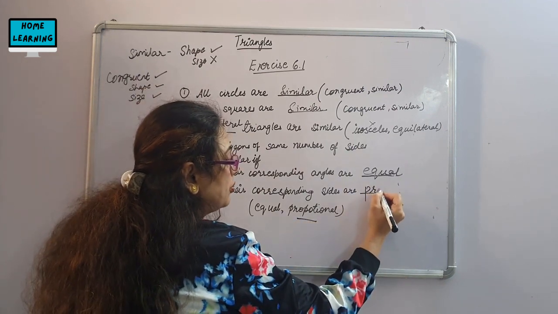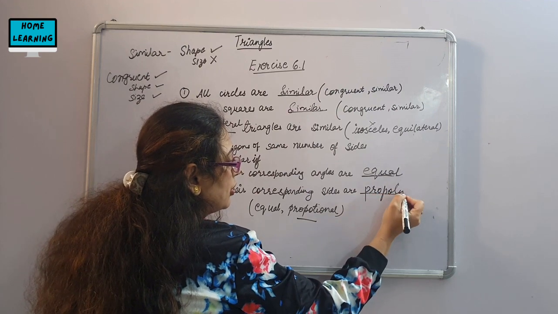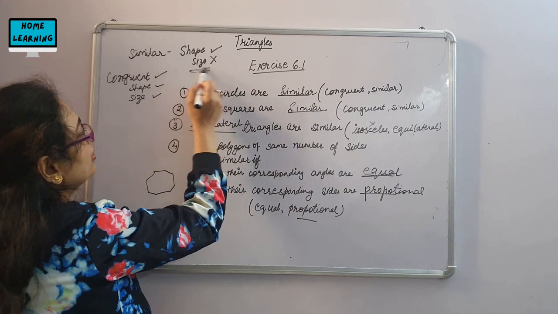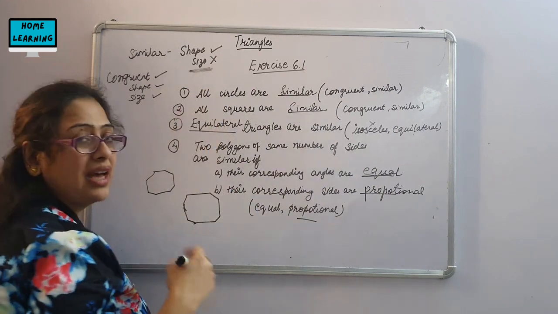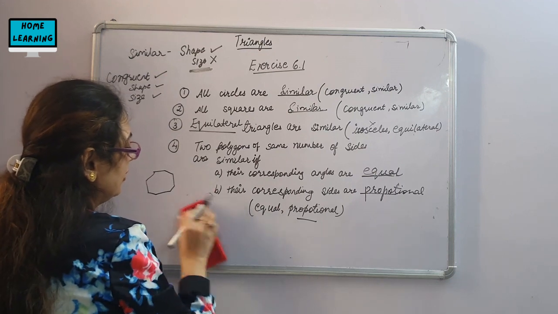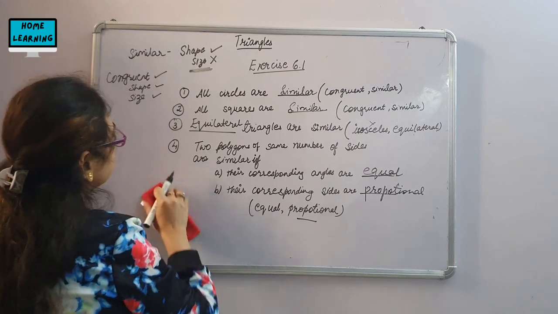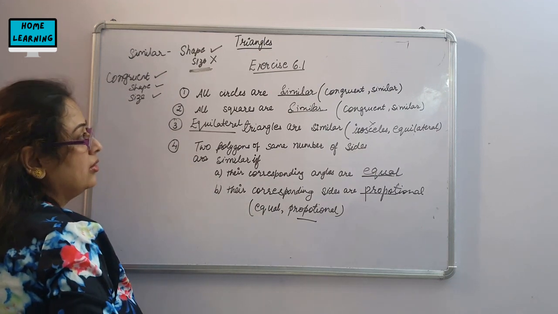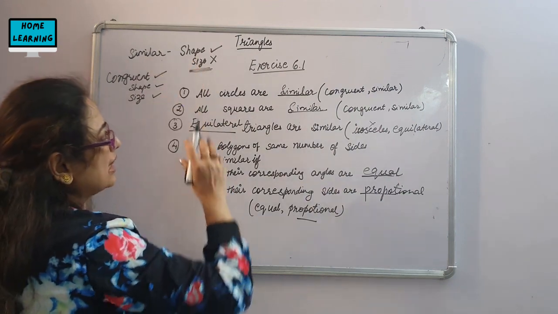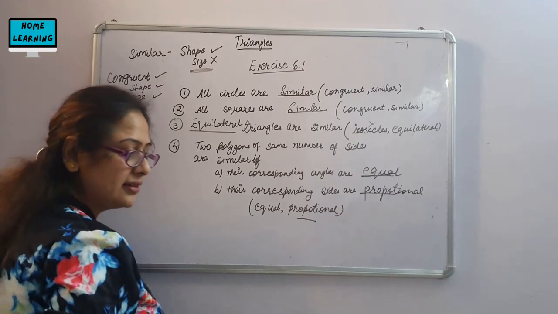The length can be proportional, because in similar figures we have not asked for the same size. We have asked for proportional size. Then only the image is similar. When you understand the difference between similar and congruent, then only you can complete this exercise.